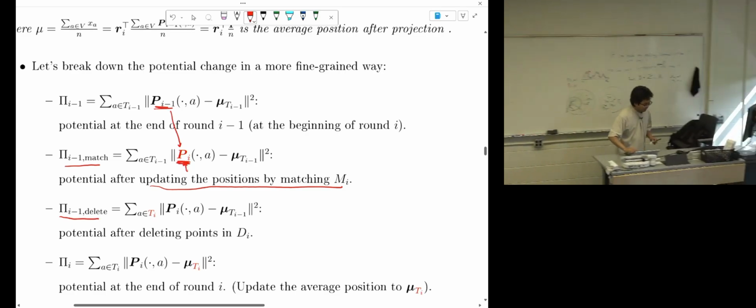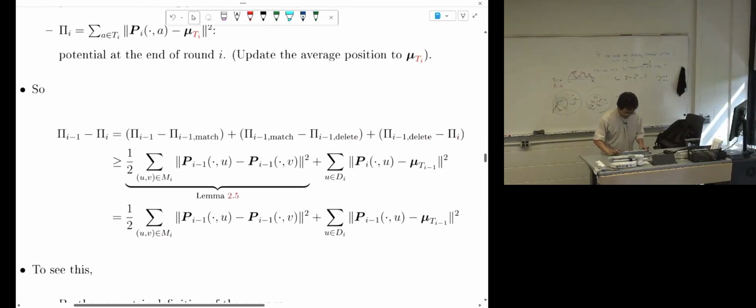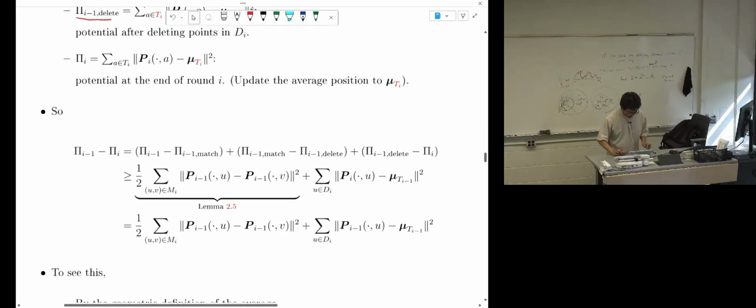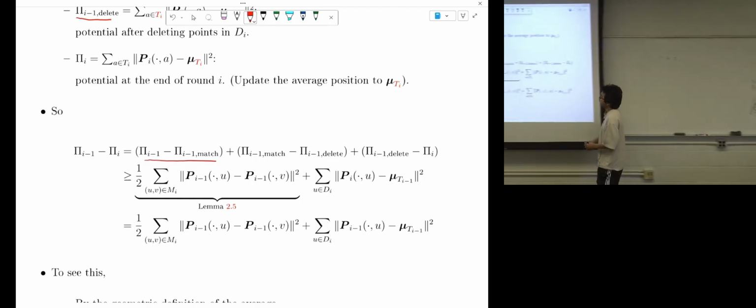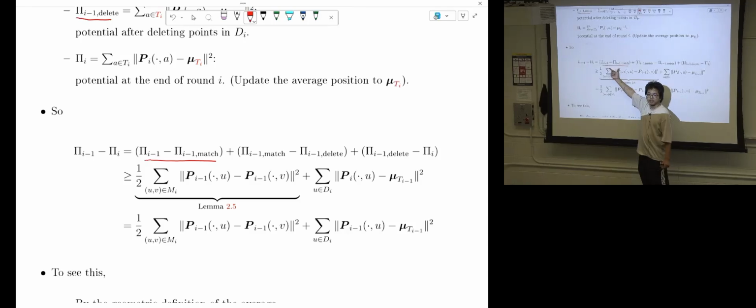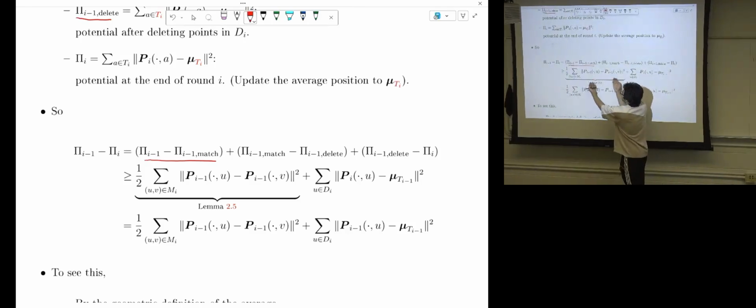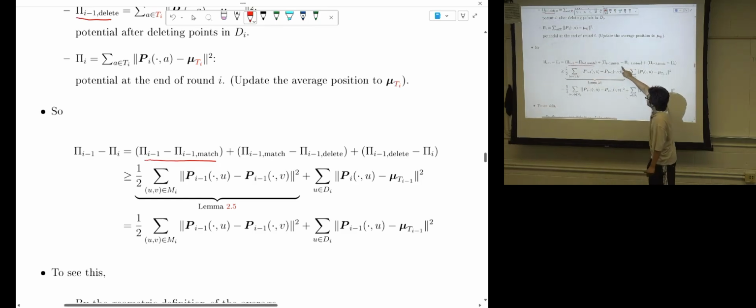Let's see. I should finish actually. Good. So this part: how much does the potential change after I match? It's just exactly, for each matching, the distance between the two endpoints squared. Okay, that's how things change here. How about here?